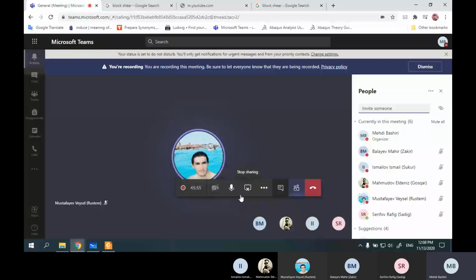For example, this is shear failure from top and bottom.